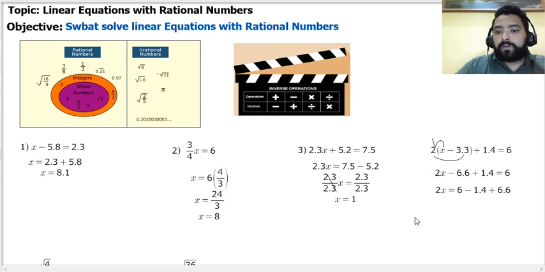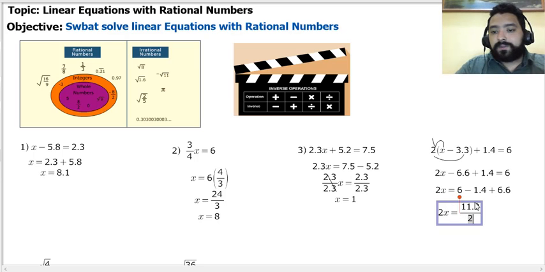Then when you solve this, we're going to have 2x equals 6 minus 1.4 plus 6.6. We're going to solve this using the calculator: it's going to be 11.2. Then you need to divide both sides by 2.